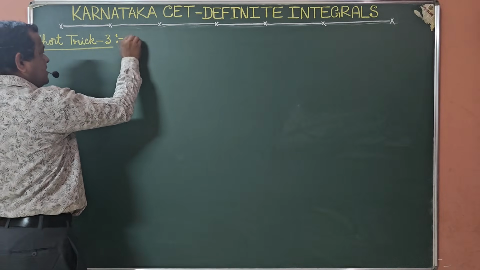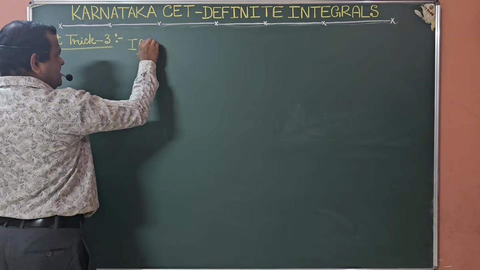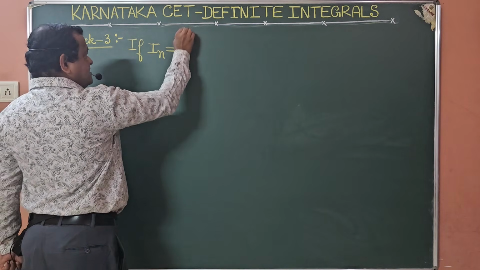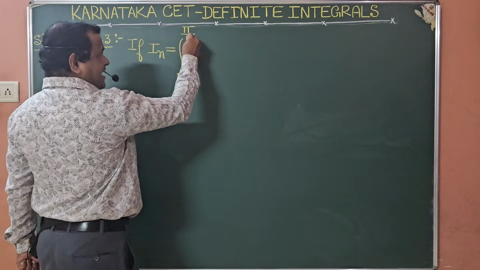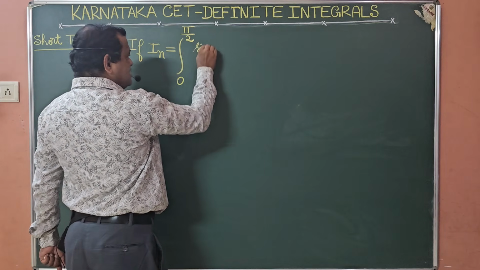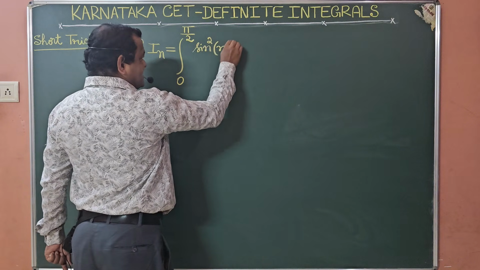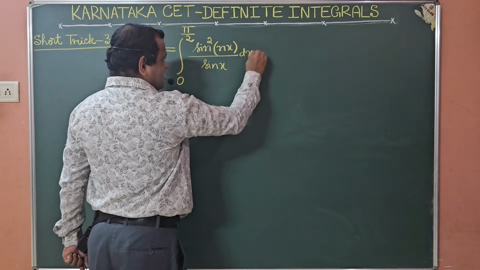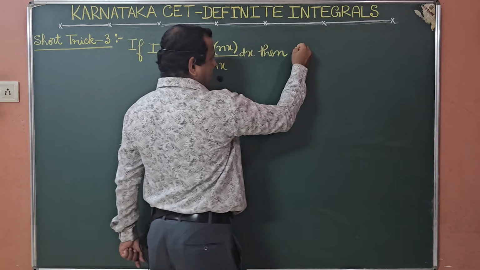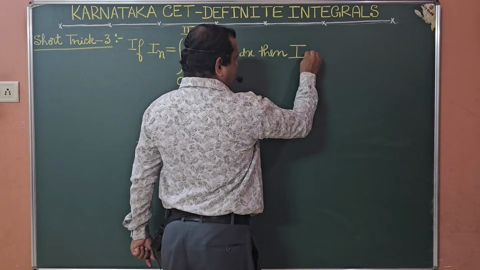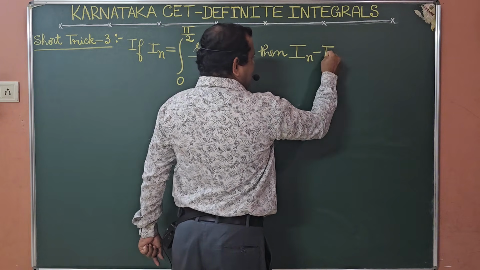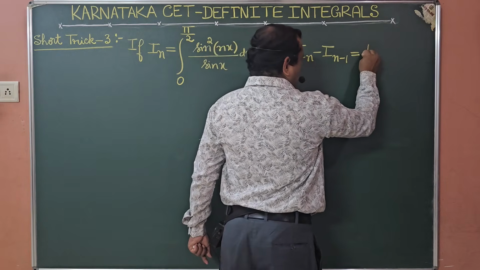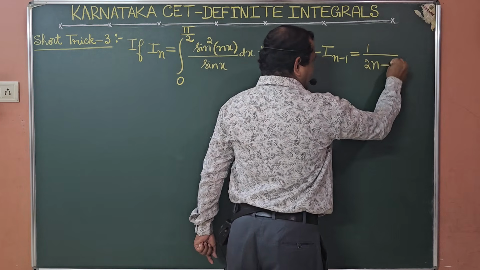Say, if I suffix n is equal to integration from 0 to pi by 2 of sine square of nx divided by sine x dx, then always remember, whenever we need to find I suffix n minus I suffix n minus 1, your answer is 1 over 2n minus 1.